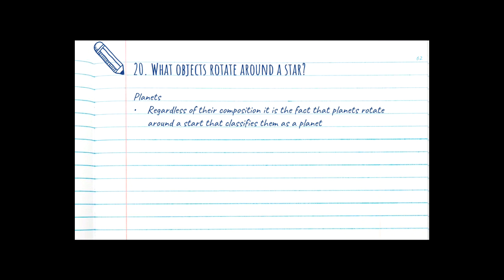But really what I'm trying to get at with this question specifically is the difference between a planet and a moon. If we can all remember Pluto, I'm not showing my age too much. Pluto was a planet. Pluto is not a planet. The reason Pluto is not a planet is because Pluto actually rotates around Neptune. So if it's rotating around a planet, it's probably a moon.